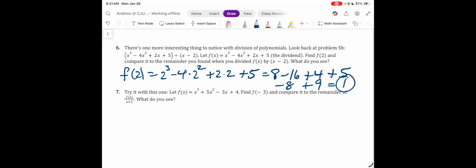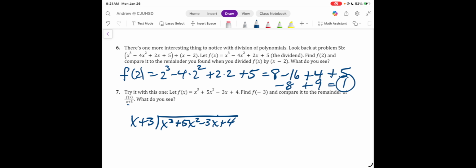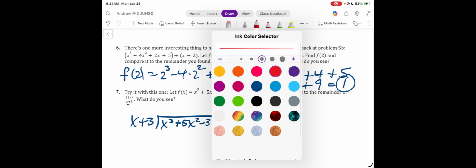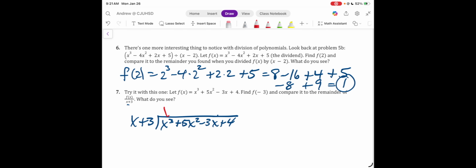So then it says, go ahead and try it with this one. We're going to divide by x plus 3, but we're going to look at f of negative 3, the opposite. So if you divide x plus 3 into x cubed plus 5x squared minus 3x plus 4, x squared gives me x cubed plus 3x squared.